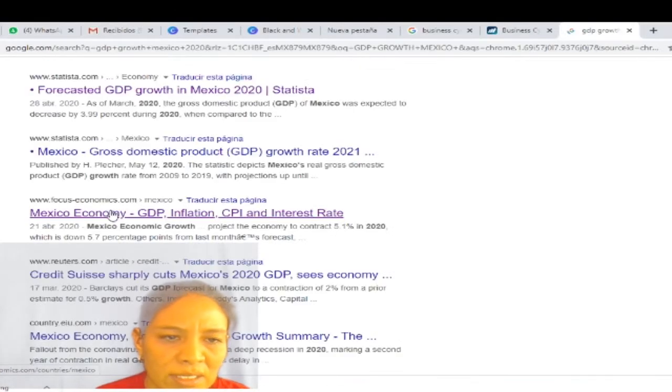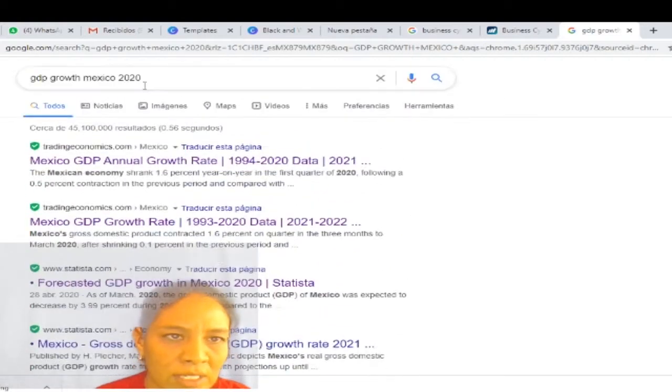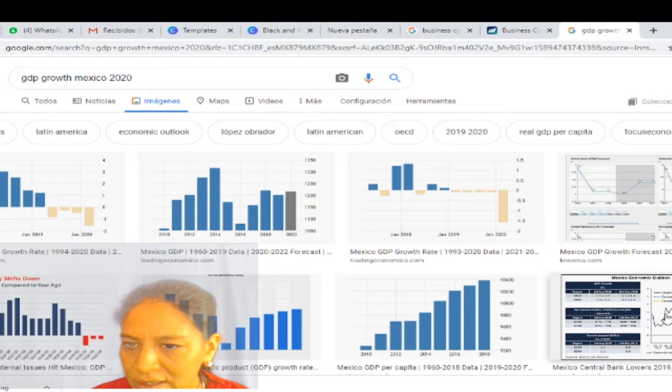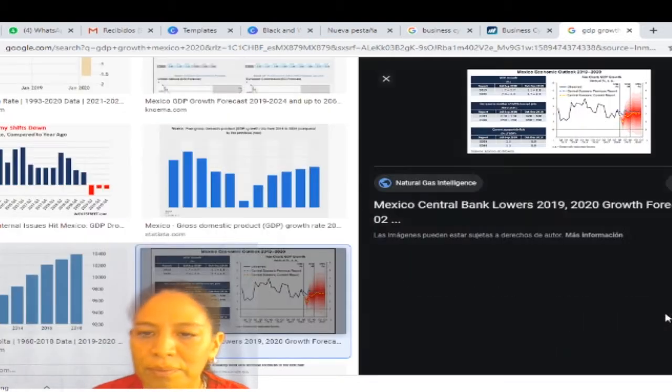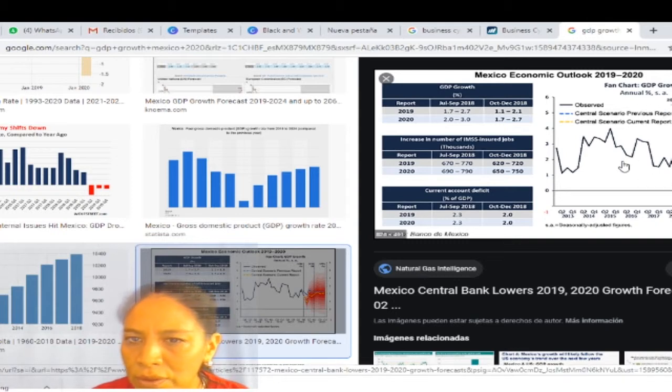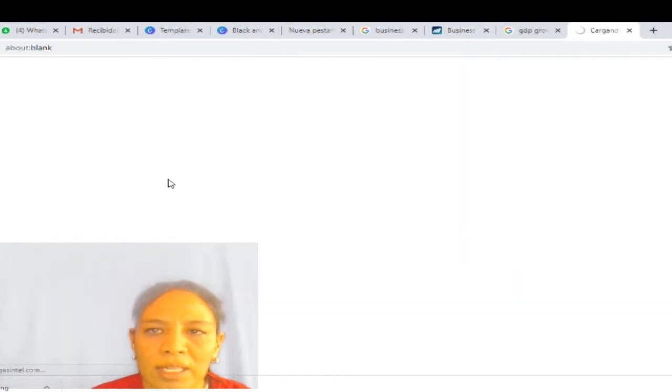So economics works with a lot of indicators all the time, okay? Here we go. Fund chart GDP growth. This is 2013. Here we go. This is something like that.